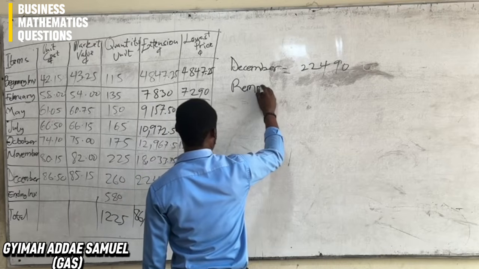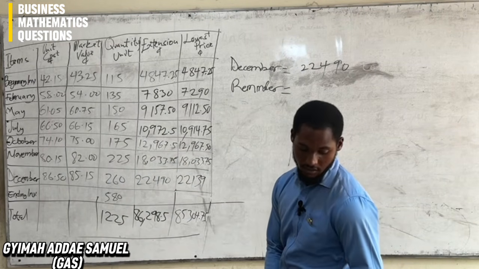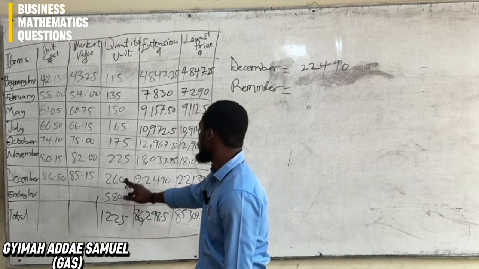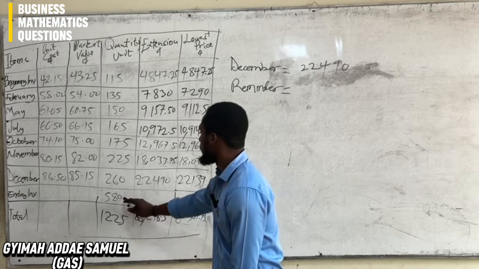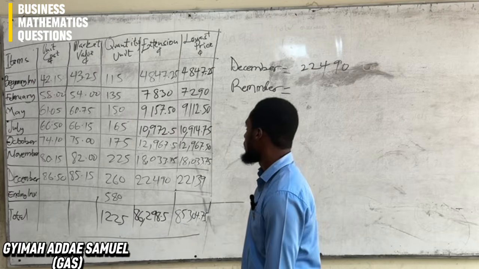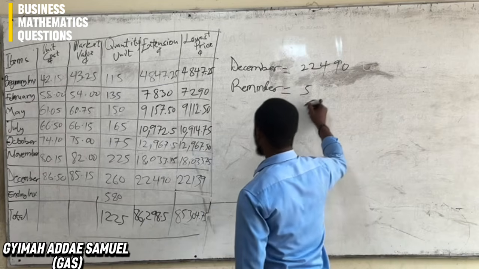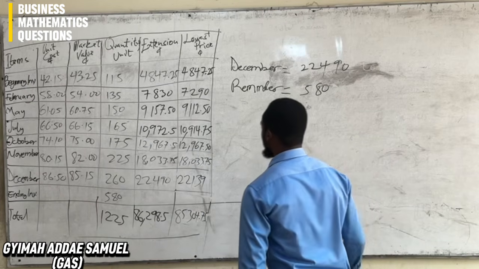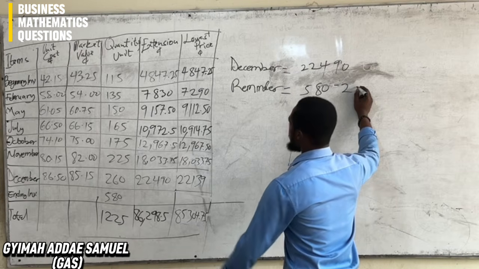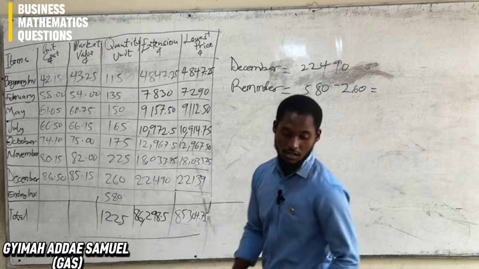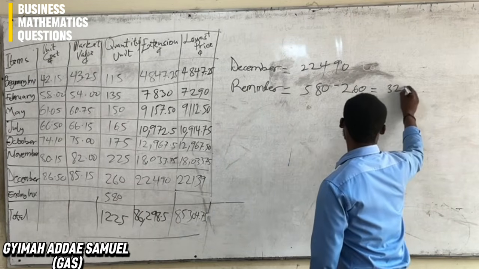For the remainder, you subtract your quantity unit from your ending inventory. Our ending inventory is 580, and we subtract our quantity unit for December, which is 260, and we are getting 320 as our remainder.